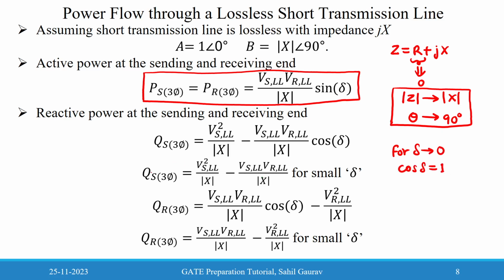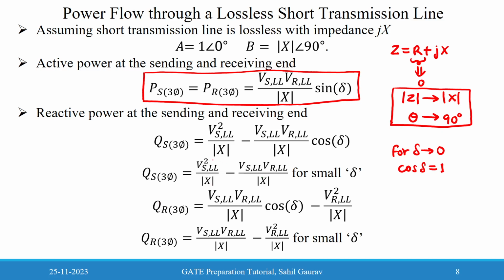So you will get this expression, VSLL square minus VSLL VRLL divided by mod X, for a small delta. In QR 3 phase, the second term will come first here, and this is analogous to QS 3 phase.